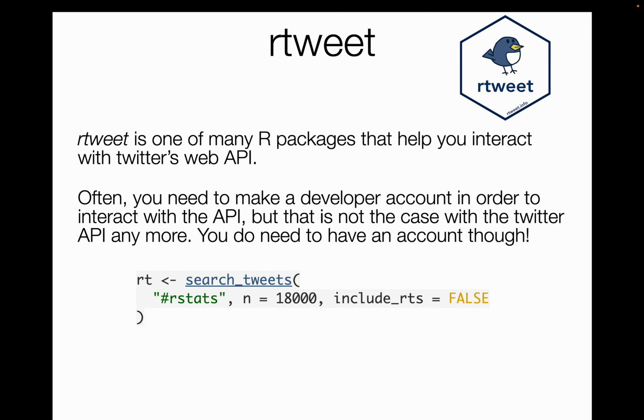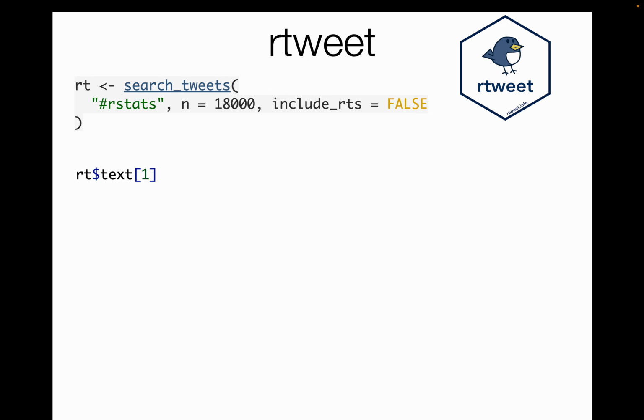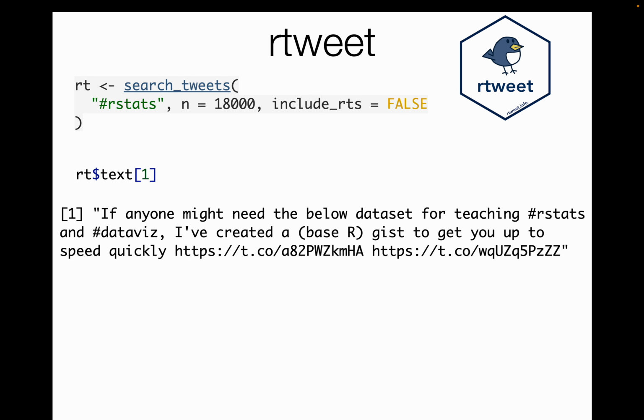You could run something like this, search tweets, and get back a number of tweets. That was very helpful for people who did a lot of text analysis of what people were talking about on Twitter. Anyway, that was one example of an API. Of course, it doesn't work anymore.